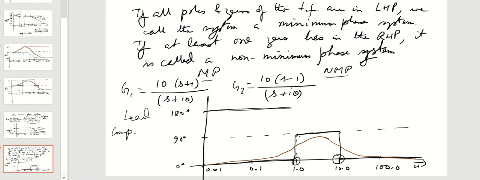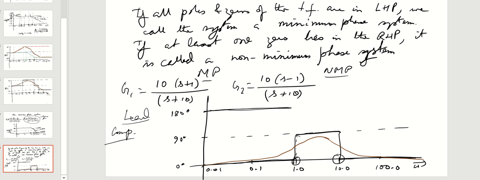Of course, we're not talking about this; we're talking about the minimum phase one. This is the lead compensator. By the same token, if you reverse the pole and the zero and take the zero to be at 10 and the pole to be at 1, you will have a lag compensator, a phase lag within this particular frequency band. This is also used to design lead and lag compensators in the frequency domain.